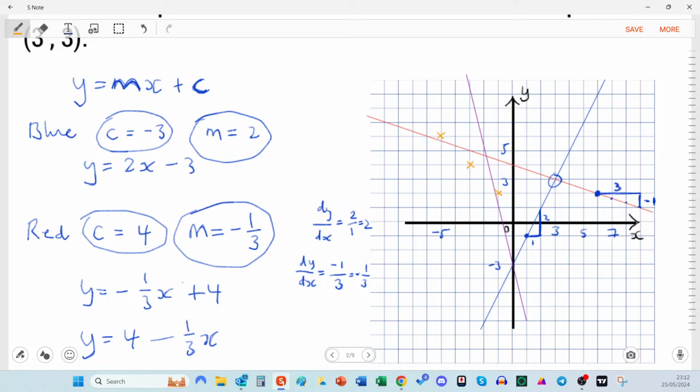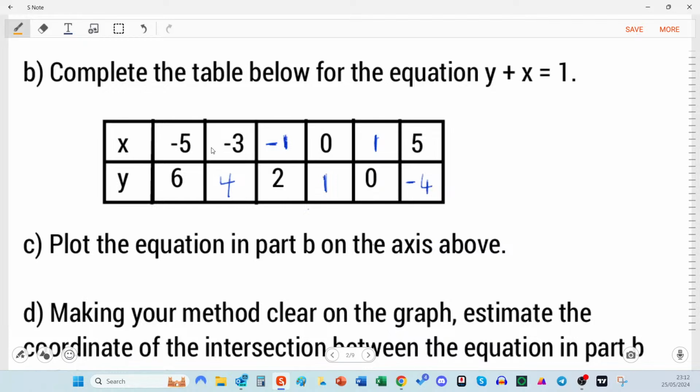We don't seem to have all the points, but as long as we have at least 3, we're going to draw a really straight line. If it is a straight line, it looks like a straight line. There are clues as to why I think it's a straight line, but we're not going to go there.